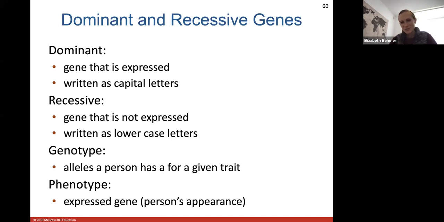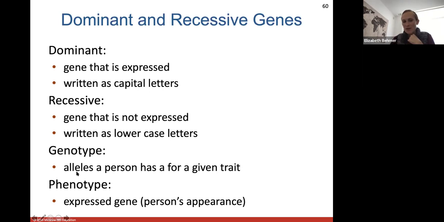My daughter has red hair, but my husband and I do not. So the only way that she can express that trait of red hair is if she received two recessive genes, one from me and one from my husband. And she has the two recessive genes put together, and then she can express that recessive trait. Otherwise, the dominant trait will always be expressed.